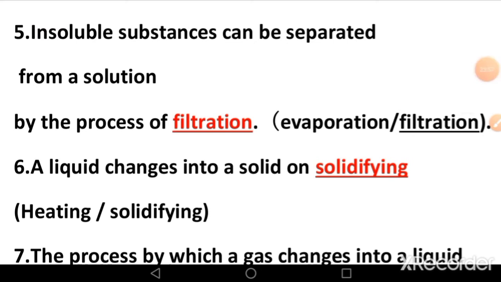In filtration, a solution containing an insoluble substance is passed through a filter paper, and on doing so, the liquid passes through the filter paper, while the insoluble substance like mud or sand remains on the filter paper.